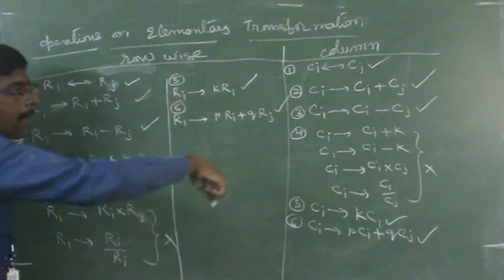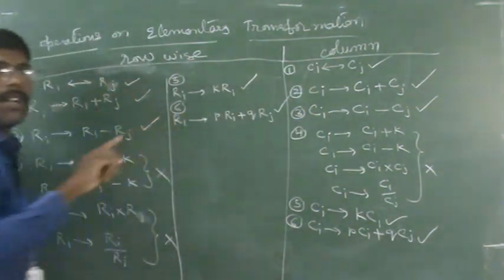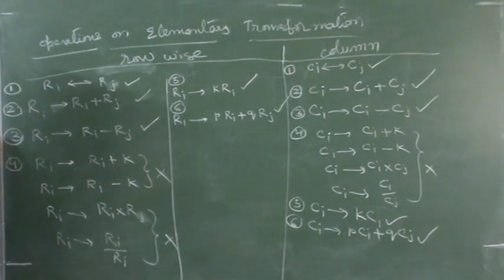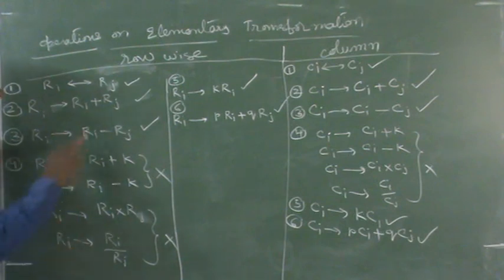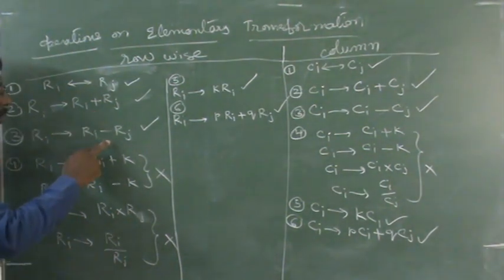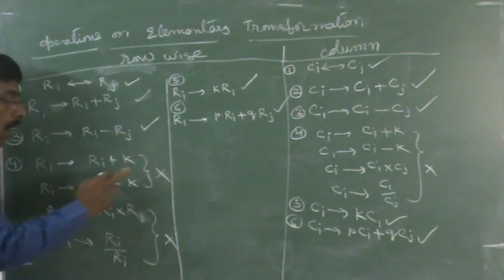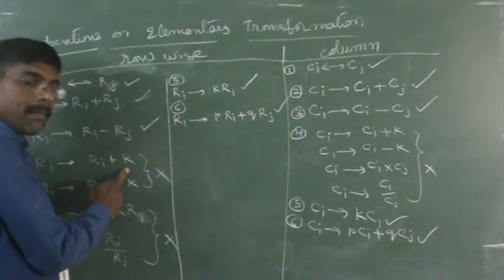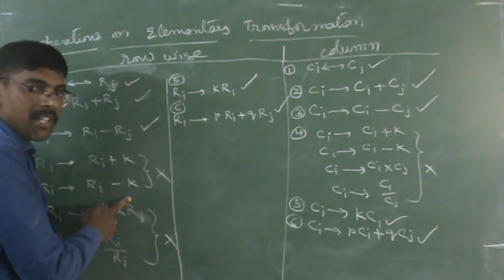Remember all this while solving the problem. If you do not remember this, while solving the problem you will not be able to find the inverse of the given matrix. So, two rows addition, two rows subtraction applicable. But adding one number to an entire row is a problem. Subtracting one number from an entire row is also not possible.